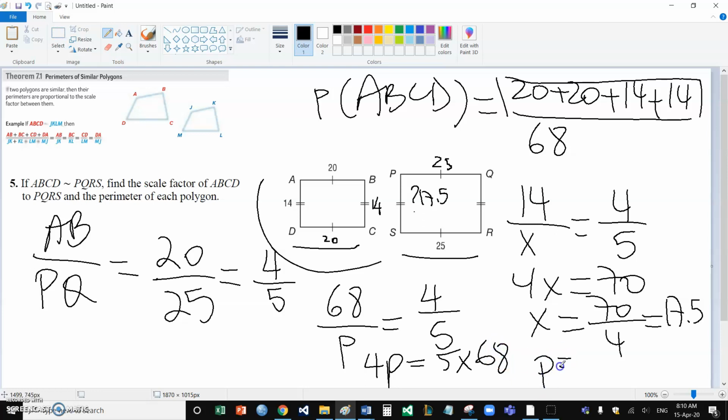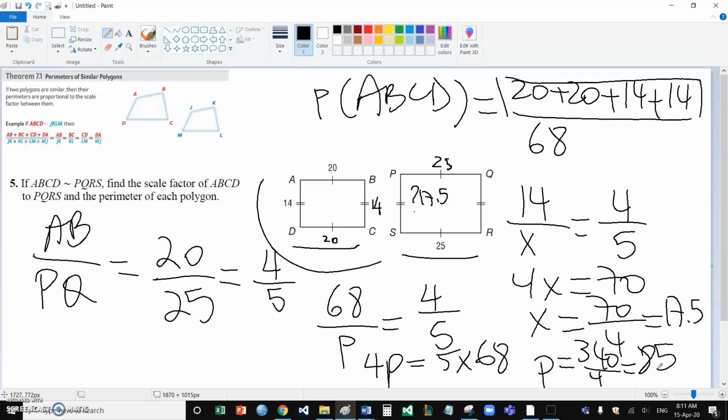That means P equals 5 times 68, which is 340, divided by 4. Okay, 300 divided by 4 is 75, and 40 divided by 4 is 10, so the answer is 85.